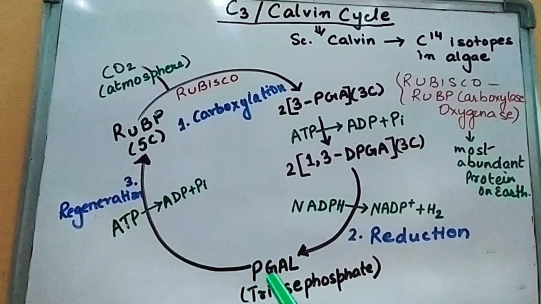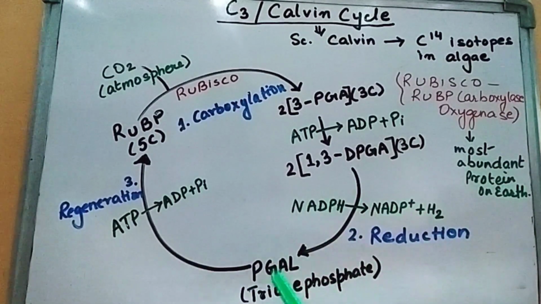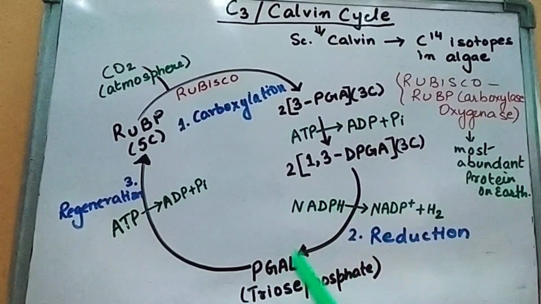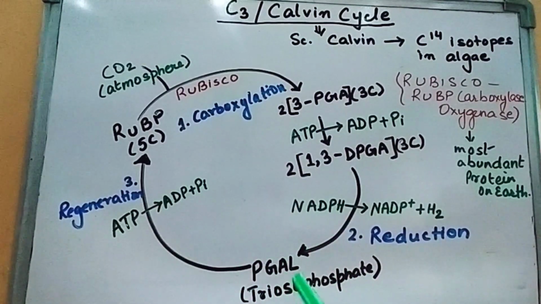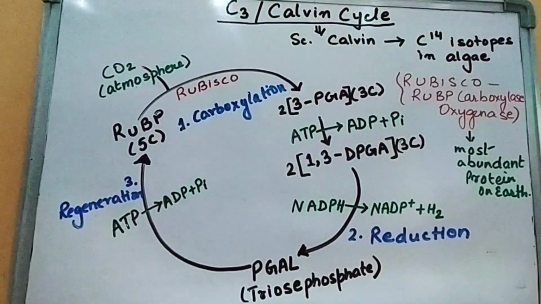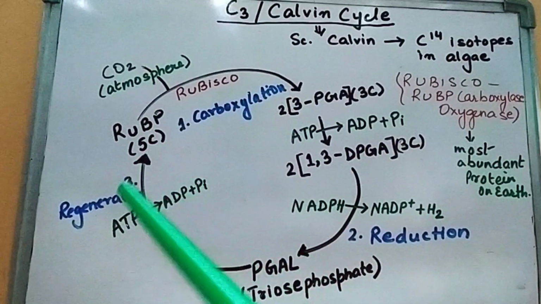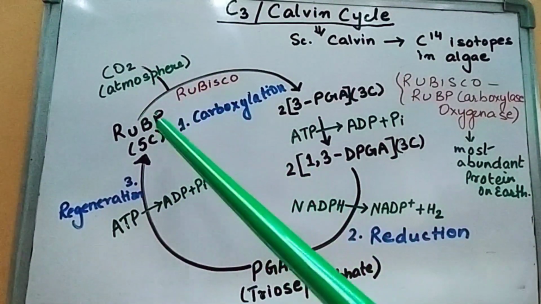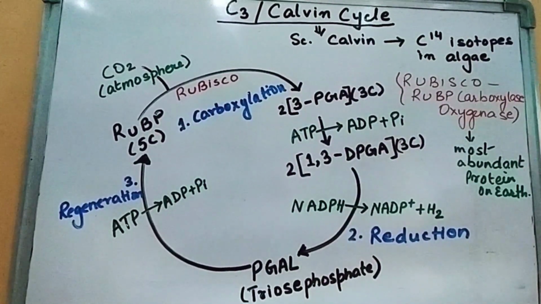Now from here 2 steps will go out. One, this PGAL, which is a reversal of glycolysis in respiration. If we go through that process, we will understand where this PGAL or phosphoglyceraldehyde will go into the formation of glucose, whereas the remaining part will go into regeneration of RuBP again, because to continue the process without any hindrance, RuBP regeneration is required.